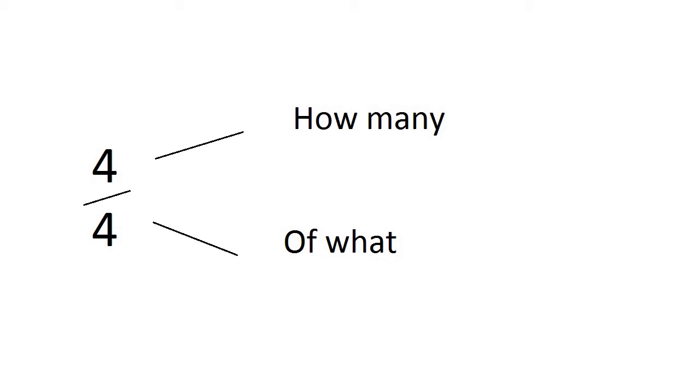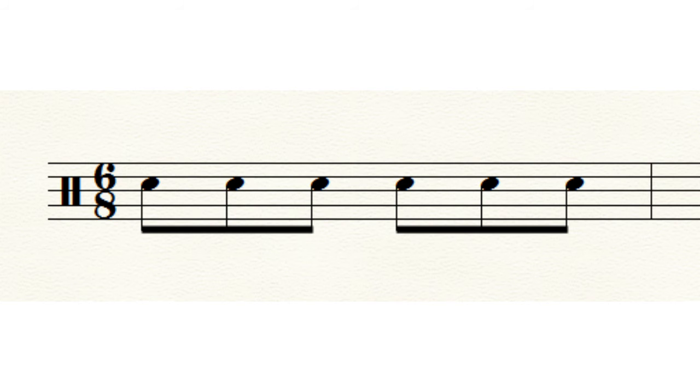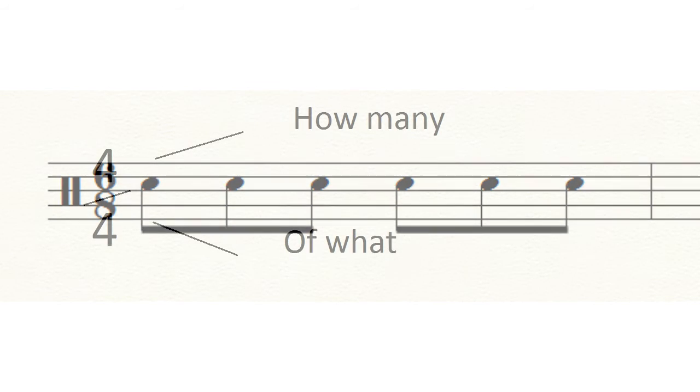If the bottom number was an 8, like in 6/8, that would mean relative to a measure of 4/4 or common time, we are filling up 6/8 of a measure. And it would be built of eighth notes, so we would have 6 eighth notes in a measure.